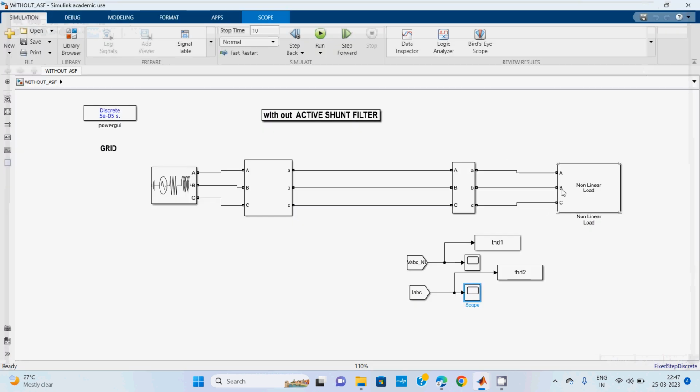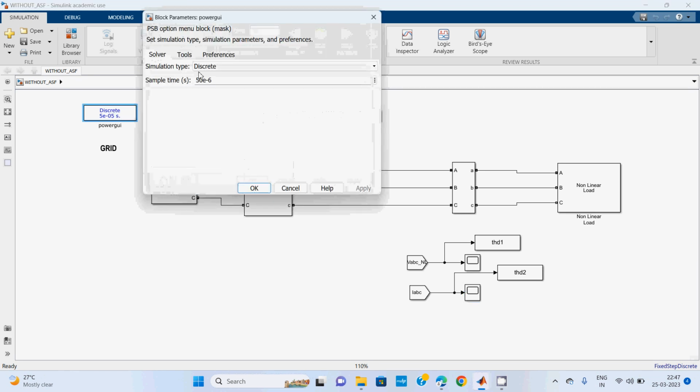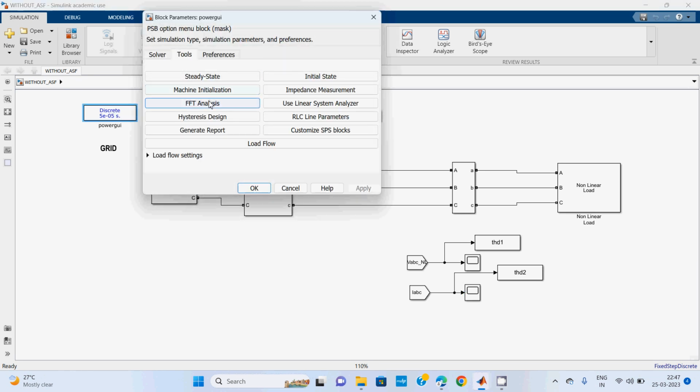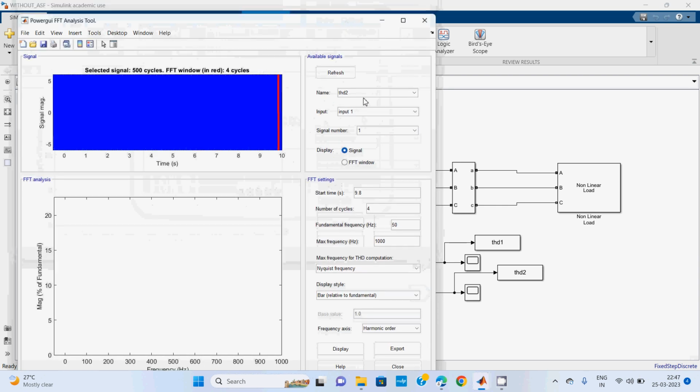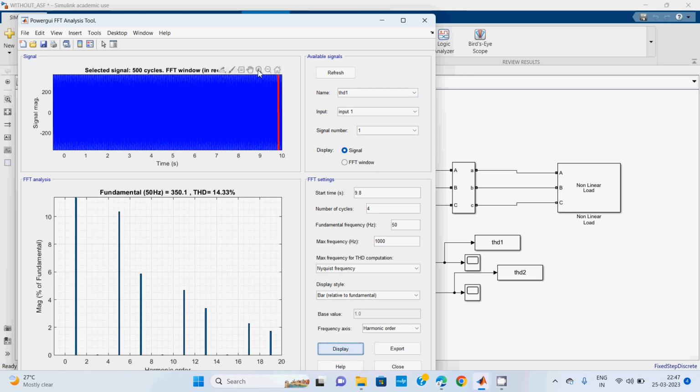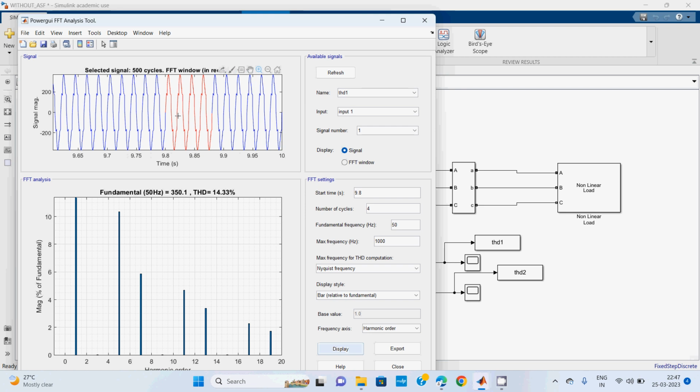So due to this non-linear load, the THD value of the load current, I will show you here. Suppose you want to look at the variation between the voltage waveforms. So this is the voltage THD value.